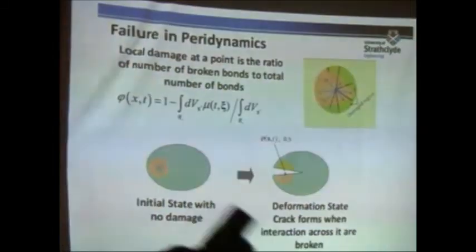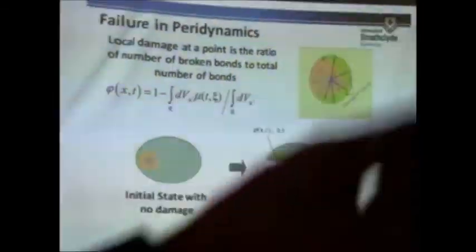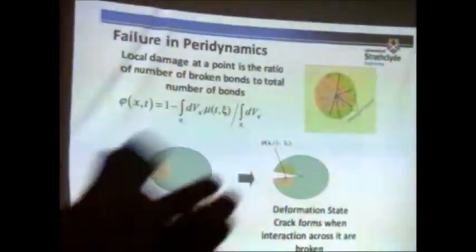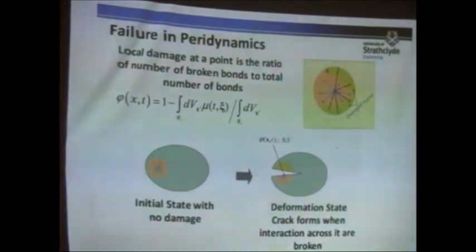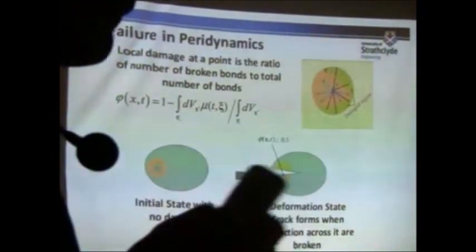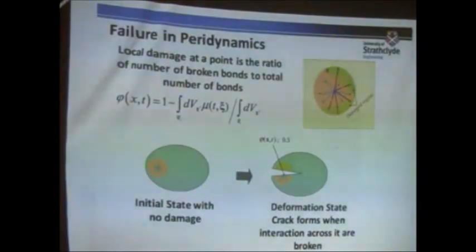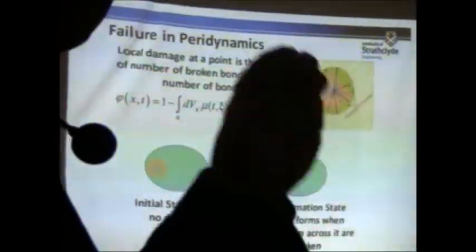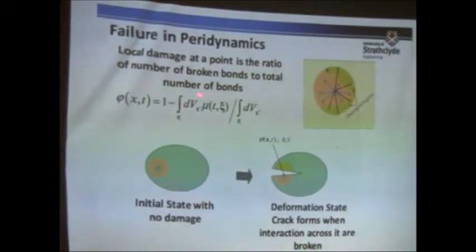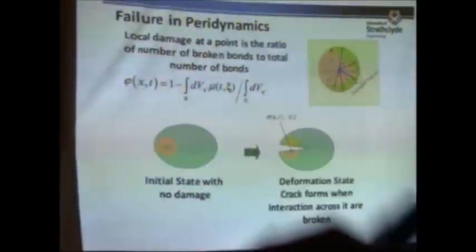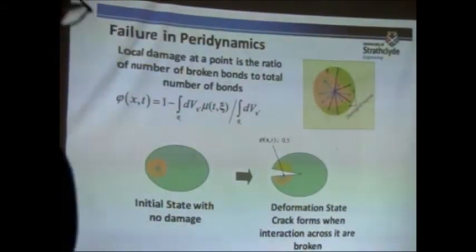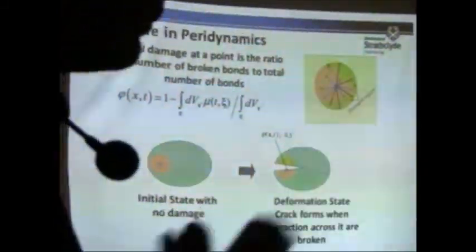Breaking one interaction doesn't mean that you can create a crack surface. To create a crack surface, you need to break many of those. And that particular breakage only belongs to one interaction, so it has nothing to do with a particular material point. So to define the damage state of a material point, we define a damage parameter. This is basically the number of broken interactions associated with a particular point divided by the number of original interactions.